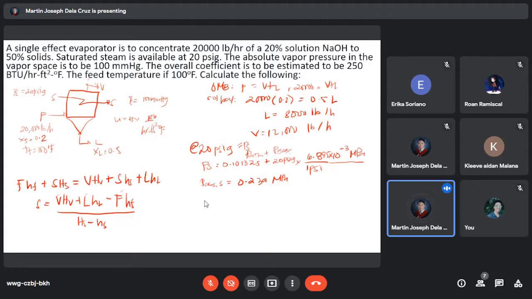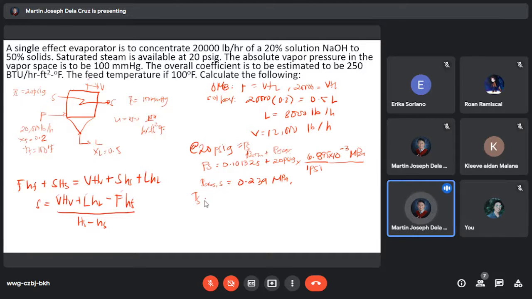Okay. So kung may 0.239 megapascal tayo, so kukunin natin yung temperature ni steam, di ba, sa handbook. So please get the temperature of the steam sa handbook na 0.239.